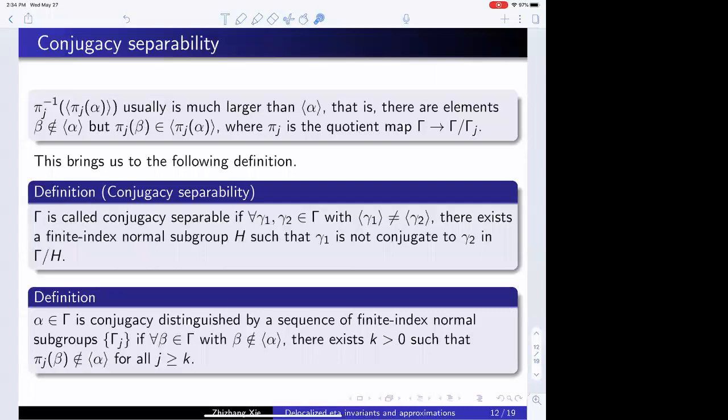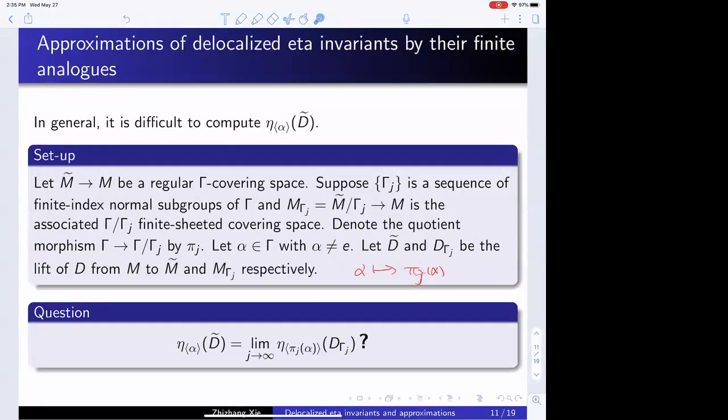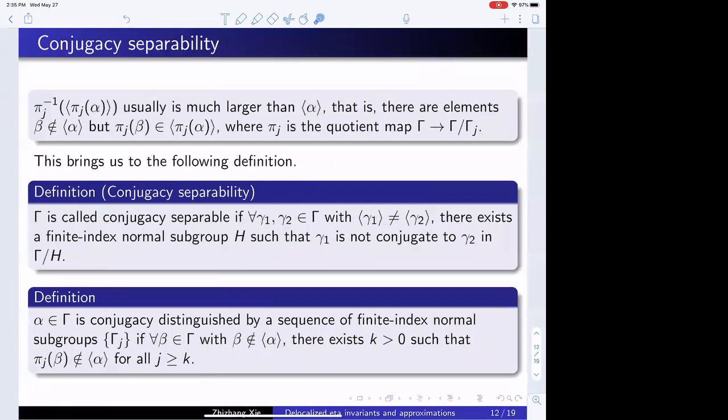It's very possible to have an element which is not conjugate to alpha, but when you push it to the quotient, it becomes conjugate to pi_j of alpha. So to have any hope that this limit holds, we need this conjugacy separability condition.